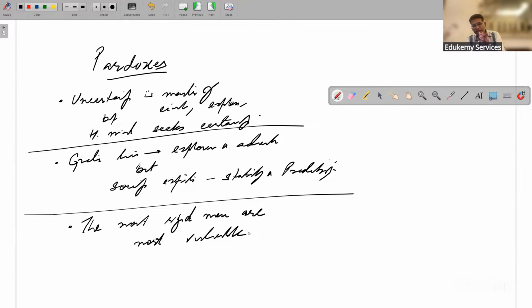I seek greatness. The more greatness I seek, the more fallible I become. Okay, I want to live a happy, peaceful life. Okay, but a happy, peaceful life is boring and actually is not happy. ये paradox है.